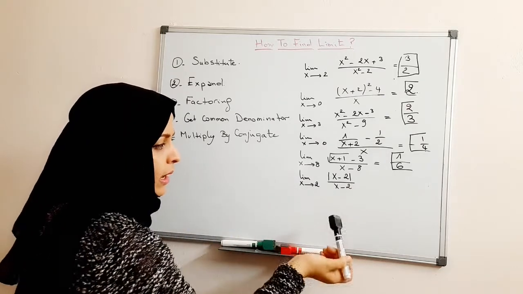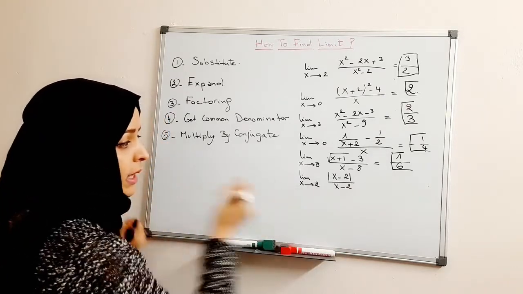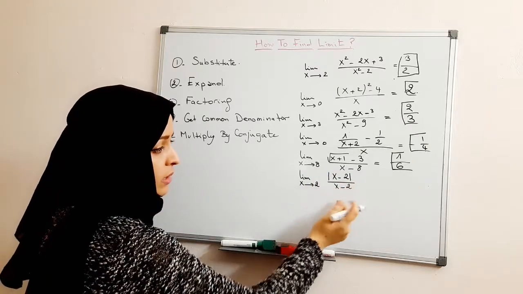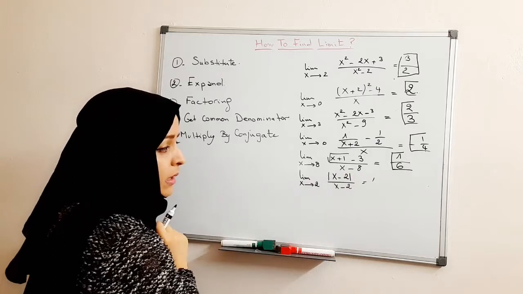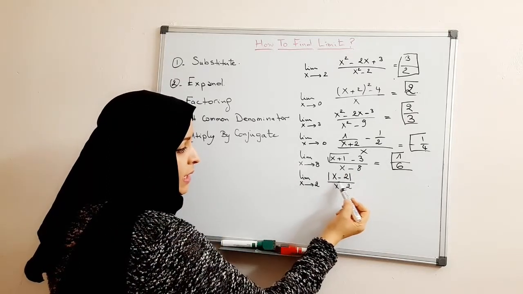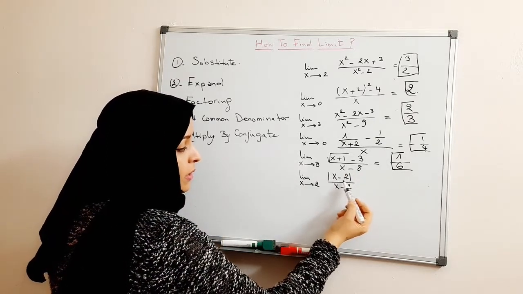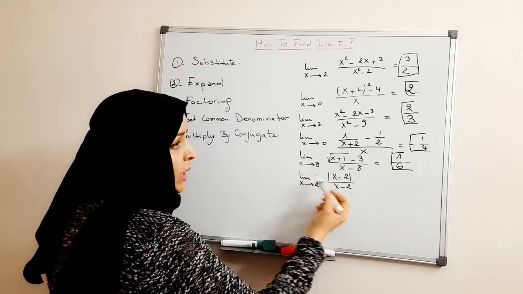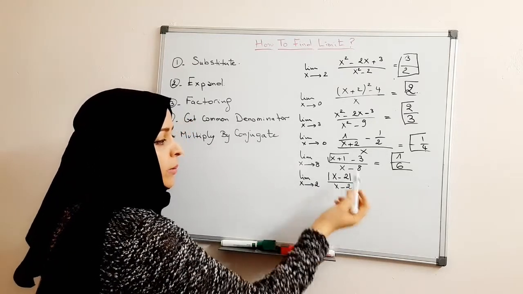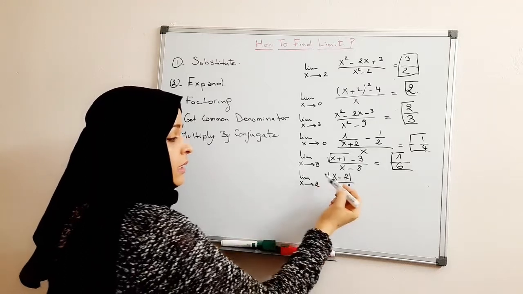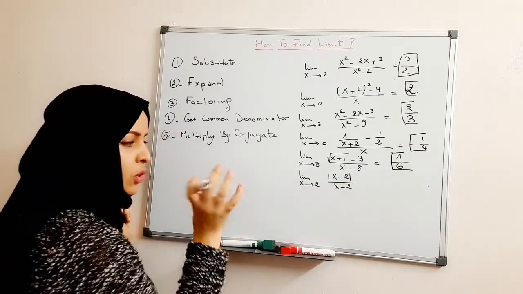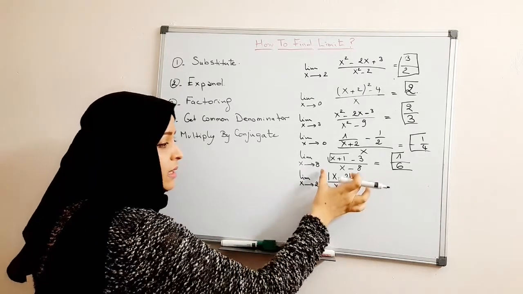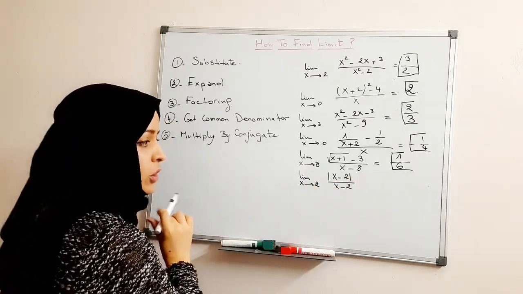Here we cannot simply simplify x minus 2 over x minus 2 and get 1, because we have an absolute value. The term inside will be positive if x is greater than 2, and negative if x is less than 2. So actually 2 is a point of discontinuity for this function.